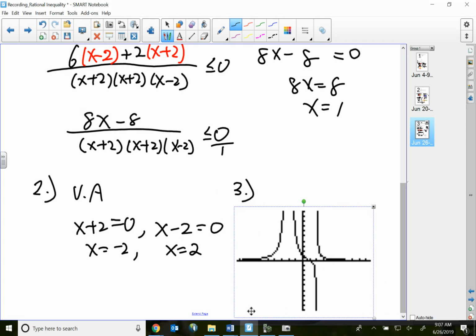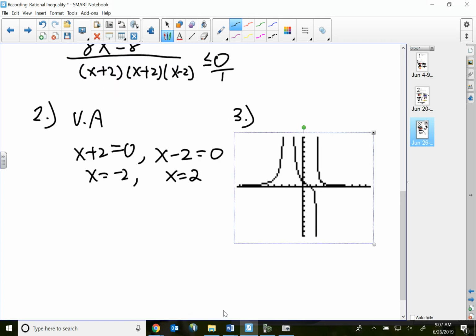Okay, so if that's the only point, that's x equal to 1. That's the asymptote x equal to 2. This is the vertical asymptote x equal to negative 2.